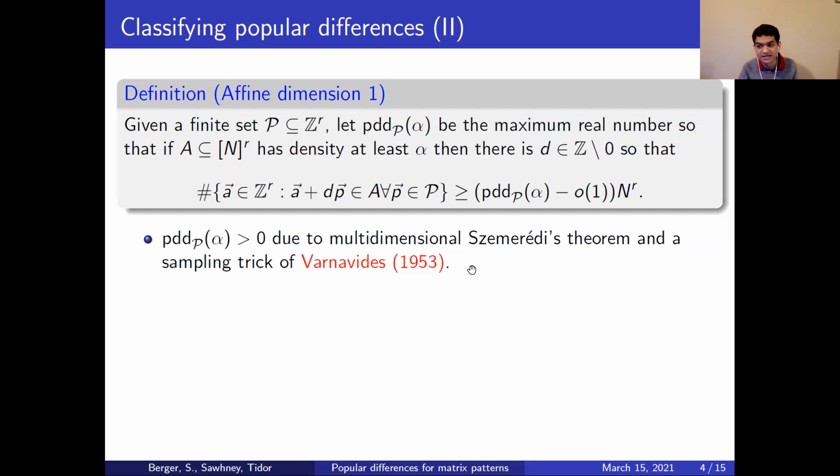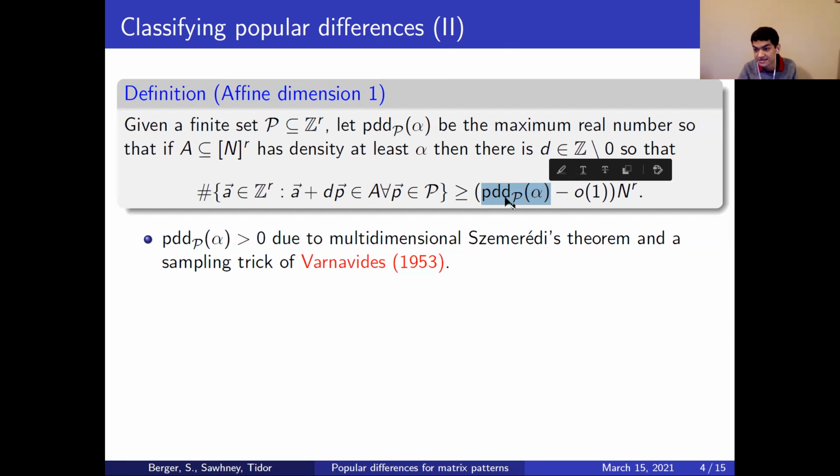So it's not really interesting to ask, does this thing exist? It does. But it's interesting to ask what its behavior is. As I mentioned, a quasi-random or random set will have this value equal to alpha to the power of the size of the pattern, because all of the elements of the pattern will look random with respect to each other. So you can't do better than that.